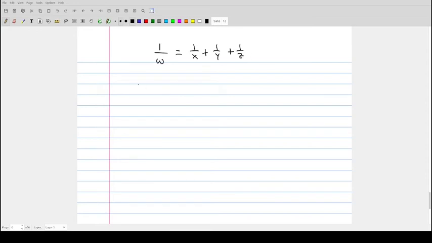And this is the same thing then as 1 over w. If I bring this entire thing right here to a common denominator, I'm going to have to multiply this term by yz over yz.